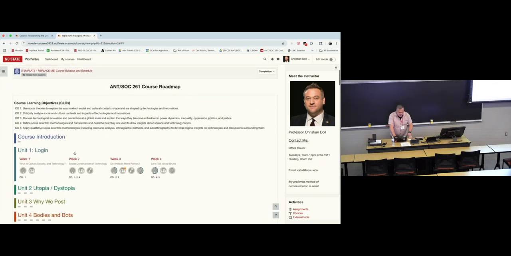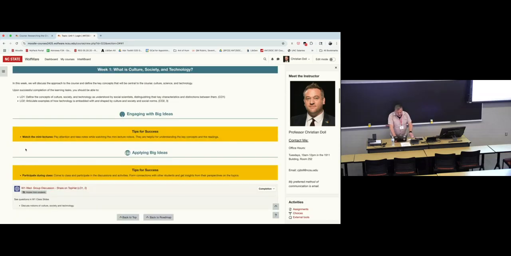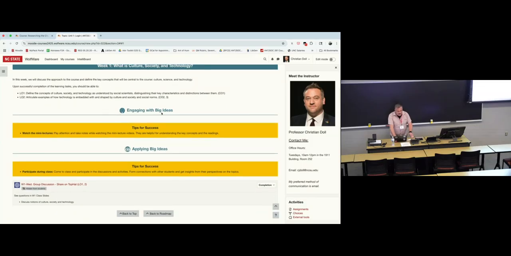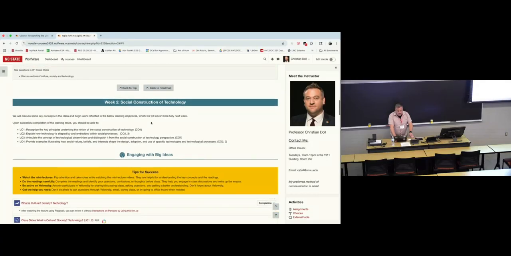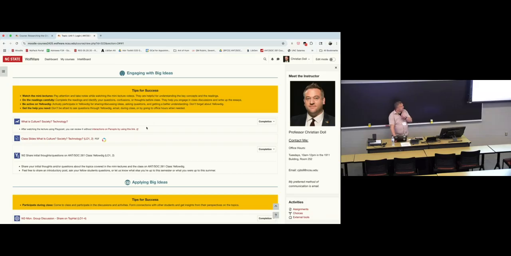But you'll see with the roadmap, it's broken down by units, right? And then weeks, and then days, or more like activities, which really are days. So when you go to the week, you get the type of activity that's there, what they're supposed to do. And then here, I mostly used POSIT for the mini lectures, although there was some weirdness with it feeding back to Moodle and having it complete correctly.